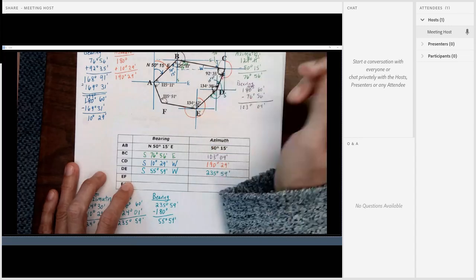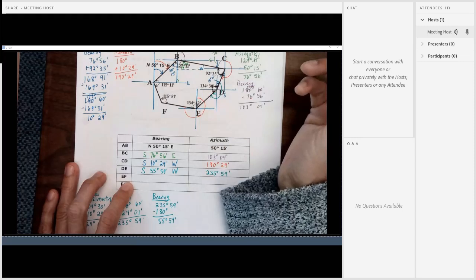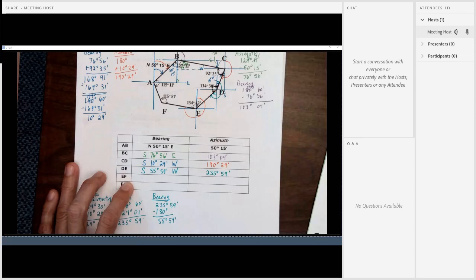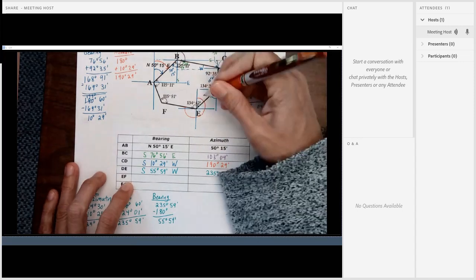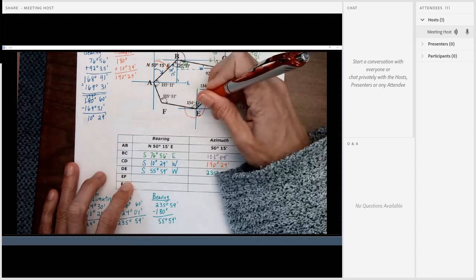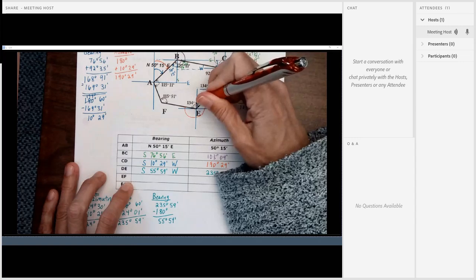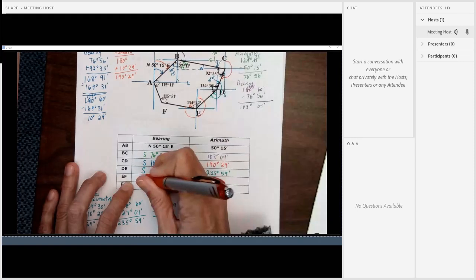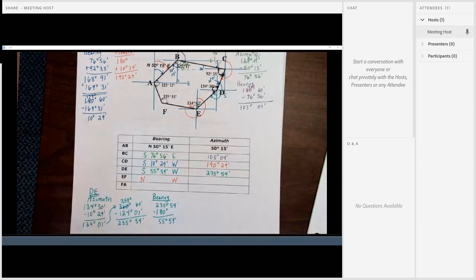All right, for my bearing, I have to come from the north or from the south axis, and I want it to be less than 90 degrees. So used to coming from the south there, but take a look. We're going to have to come from the north this time in order to get it to that less than 90 degrees. So from the north to the west direction this time, north to west for that line EF.